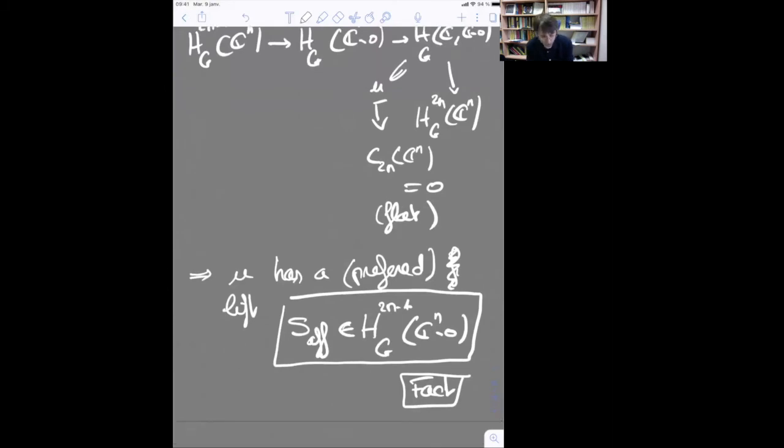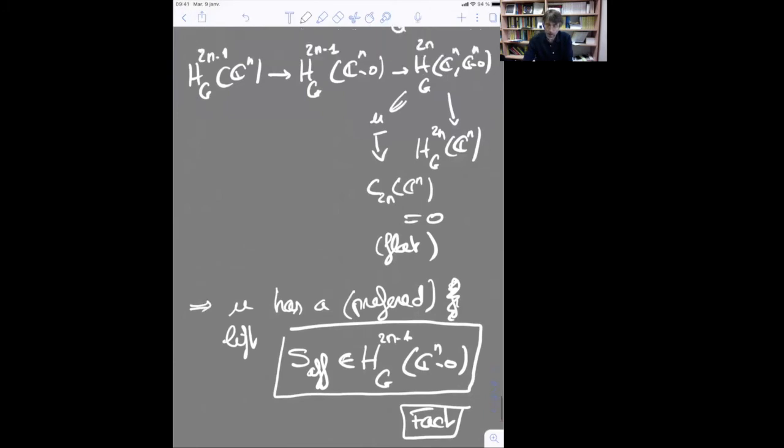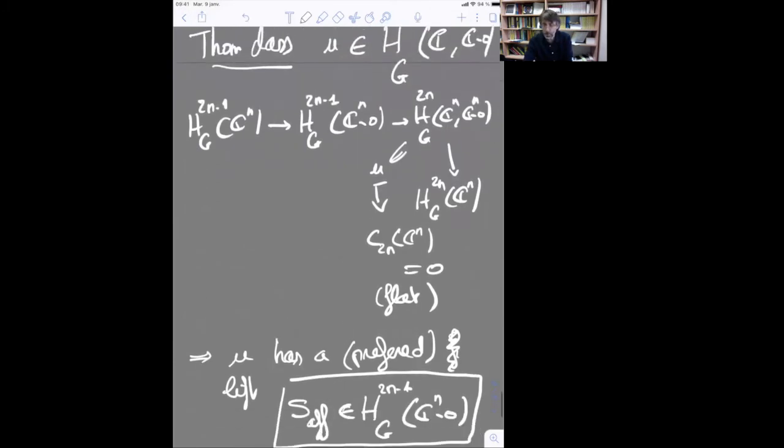So let me say what we have done so far. We had the universal bundle, the Cn universal bundle associated to the group G. Because it's a flat complex vector bundle, the Thom class can be lifted to the degree before.